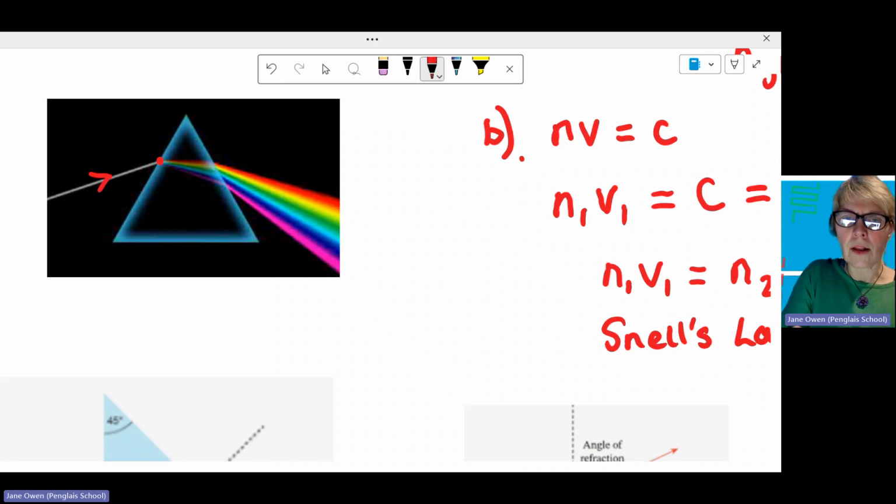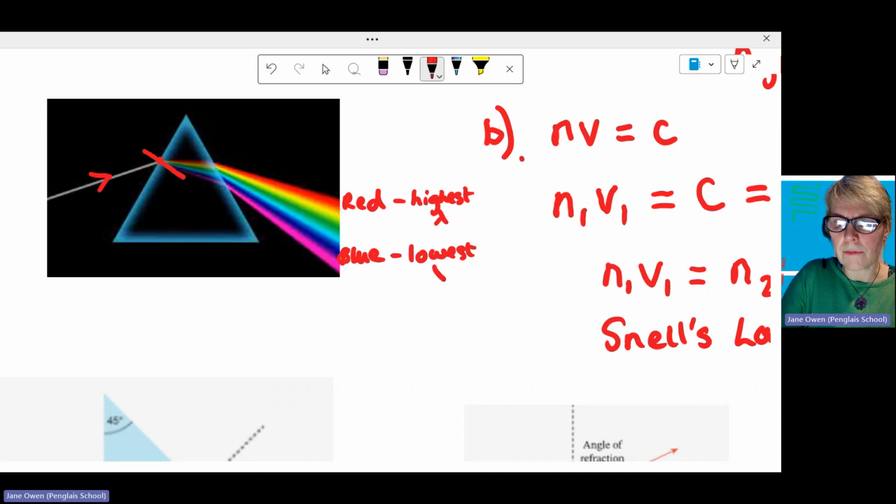At this point the light will bend, but because light is made up of different colors with different wavelengths and frequencies, they will refract by different amounts. We put a normal here, and the one that bends the most, I'm going to call the blue end, and the other the red end. The red end has the highest wavelength, and the blue end has the lowest wavelength.